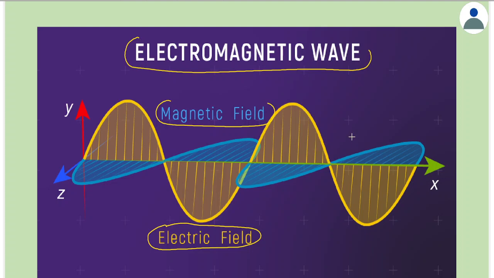As seen in this diagram, the wave is propagating along the x-axis, while the electric field vibrations are confined to the y direction, as shown by the yellow color vibrations, and the magnetic field vibrations are confined to the z direction.